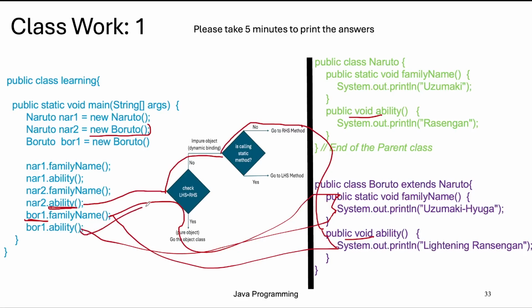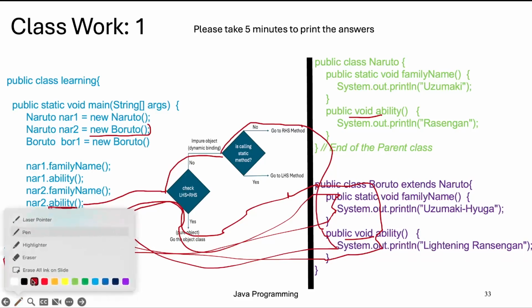Since it is the pure object, it will behave similarly. Goes into the Boruto class, enters into the function ability, prints lightning Rasengan, comes here, finishes and ends. So this is how the program will behave.